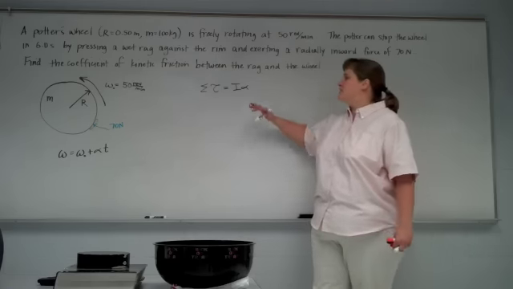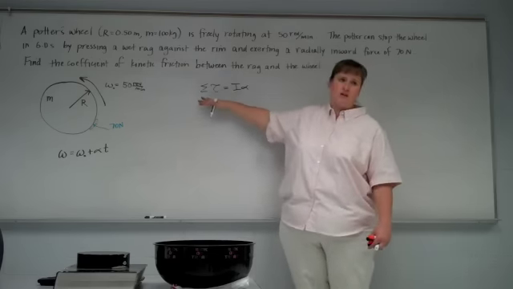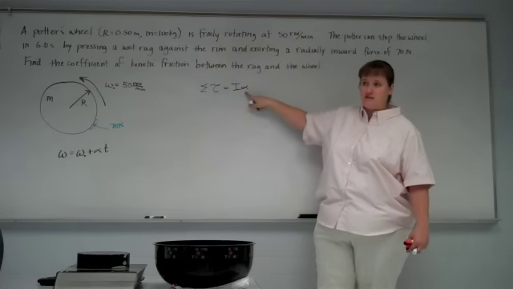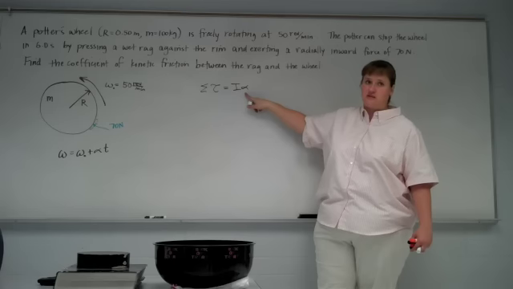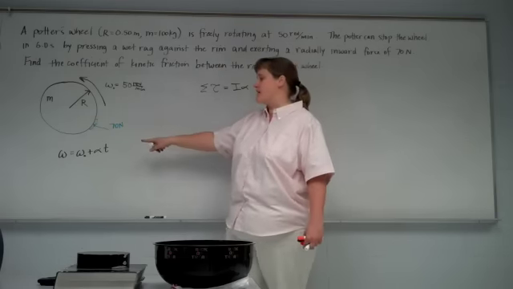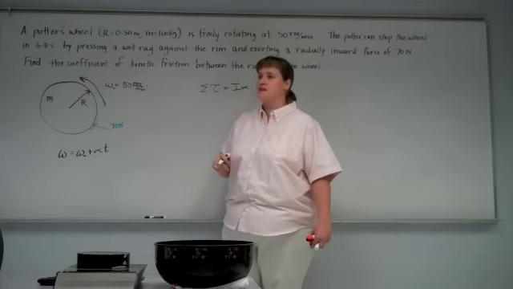We do need to be careful though. In this equation up here, when we relate torque, moment of inertia, and angular acceleration, without exception, angular acceleration has to be in radians per second squared. Period. End of story. It cannot have any other units. Okay? So to get radians per second squared for alpha, we need this to be in radians per second.